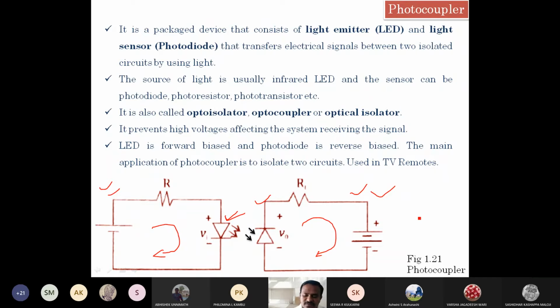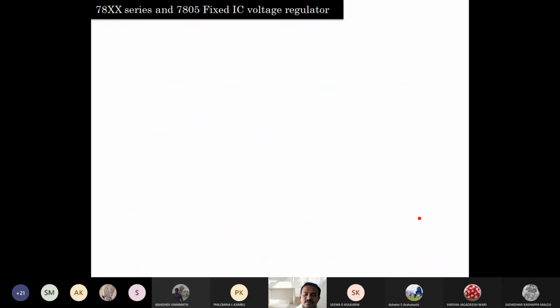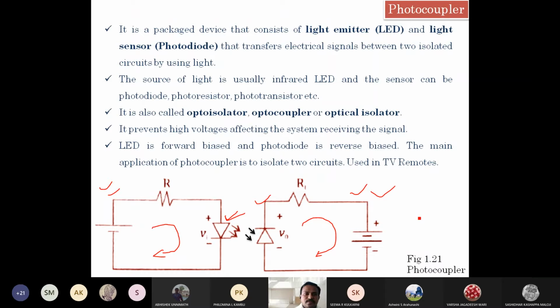Okay, so this is the thing with respect to photocoupler. Any discussion or any further discussion with respect to these two components, LED and photocoupler? This is only the introduction part.